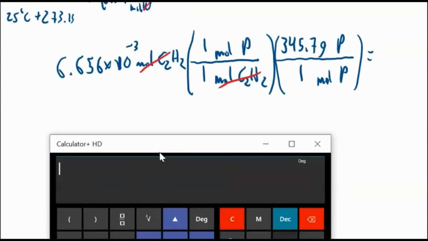Okay, we plug that into our calculator. Oh, I just deleted the number. Oh well. 6.56 times 10 to the negative 5. I could have put this in scientific notation.